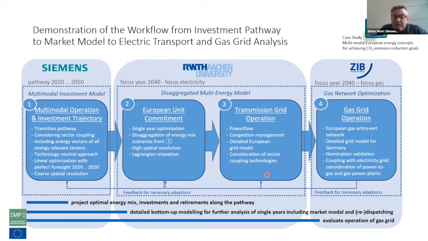We're focusing now on the year 2040 or 2050, whatever we want to focus on, and on electricity here. And then we're checking on this disaggregated model what we got from the energy mix from the operation. Is it really feasible on the disaggregation to local postal code numbers, to high spatial resolution? We have a market model inside, and then we can also check the transmission grid operation. Is this feasible, or do we run into some problems for dispatch, redispatch problems, grid congestion?